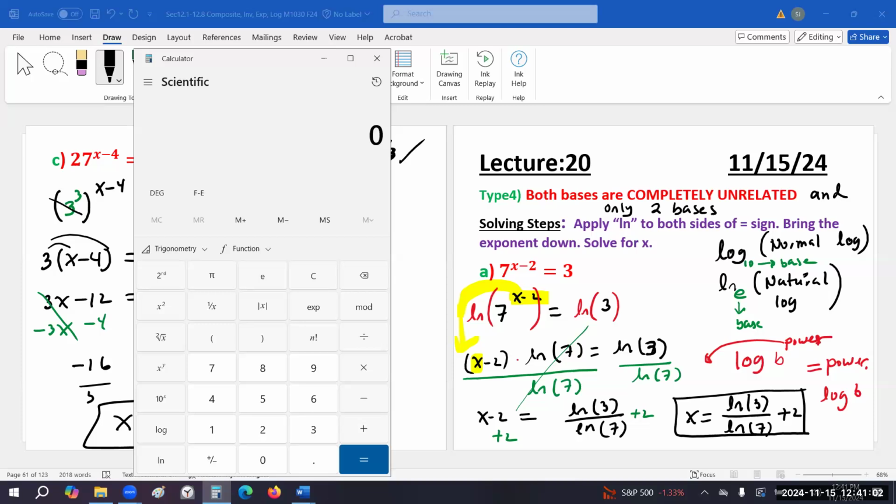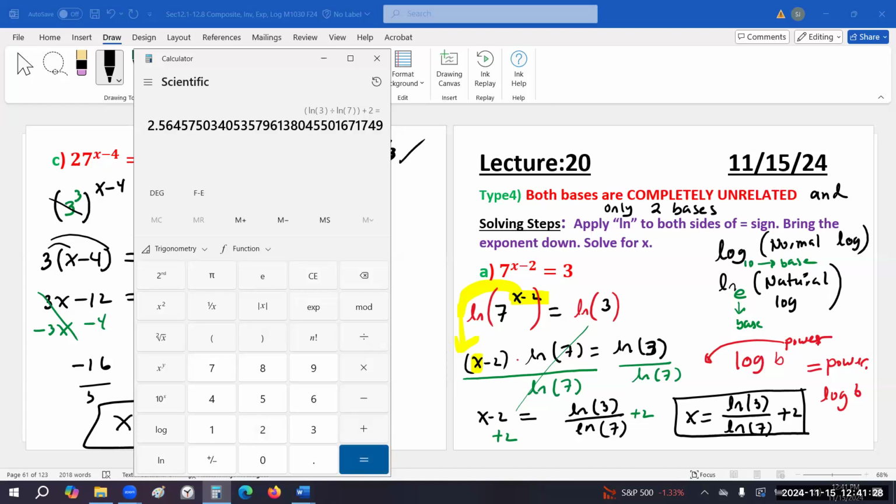So in my case, since we have a fraction, I'm going to start with a big parenthesis and then 3 ln. We're dividing that by 7 ln. So that's our first portion. I'm closing my parenthesis. With that result, I'm adding 2.